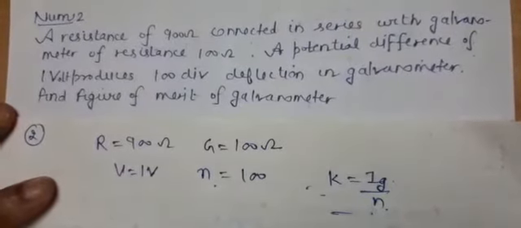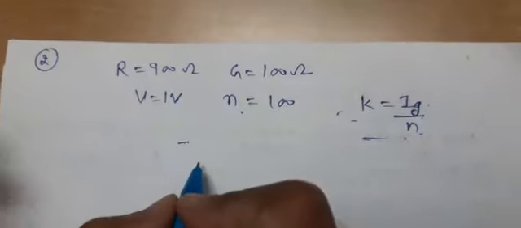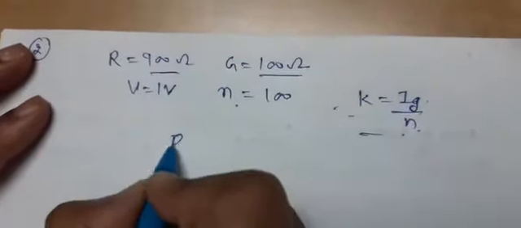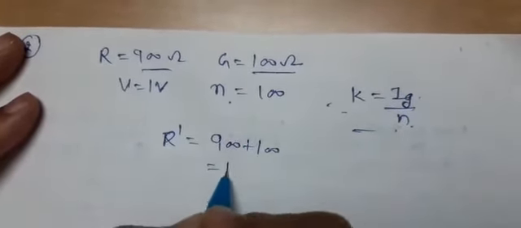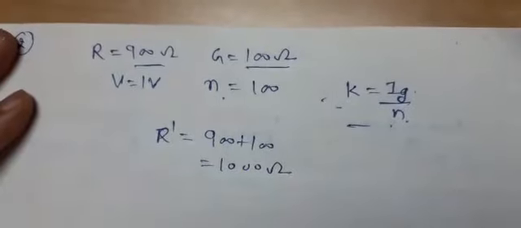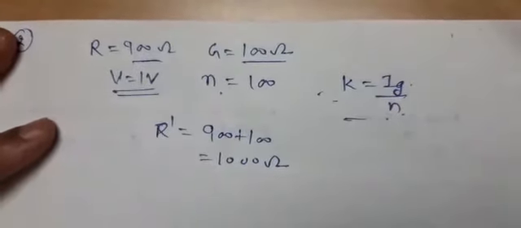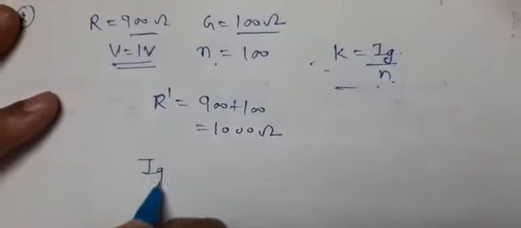Ig you have to calculate by the formula. So resistance R is connected in series with galvanometer. So effective resistance will be 900 plus 100, that is 1000 ohm. Right? Now as potential difference is 1 volt, what will be the current Ig?